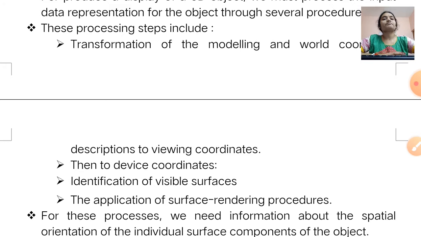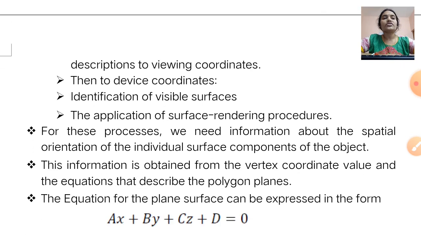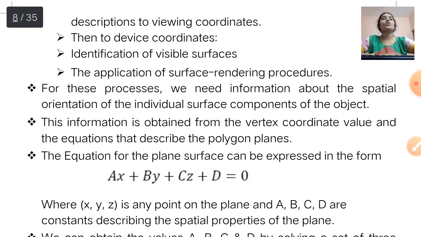For this process we need information about the spatial orientation of the individual surface components of the object. This information is obtained from the vertex coordinate values and the equations that describe the polygon planes.